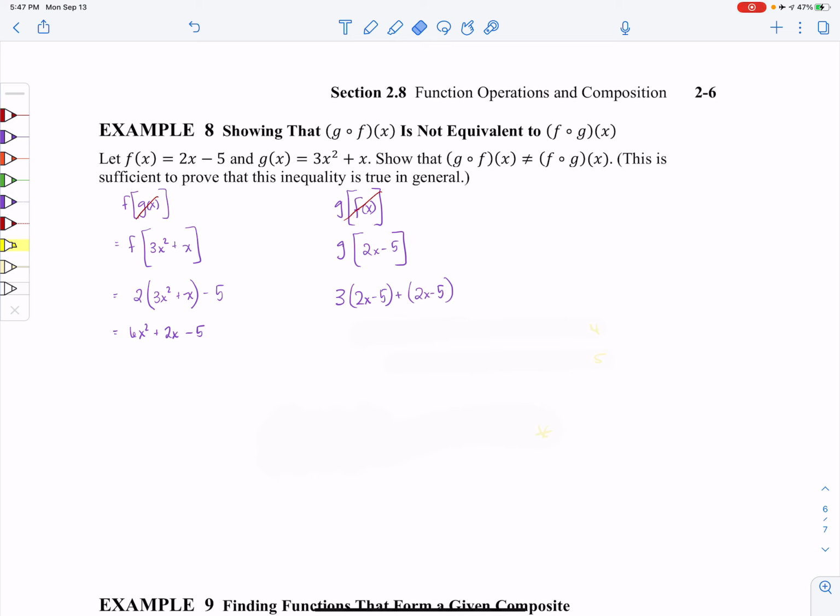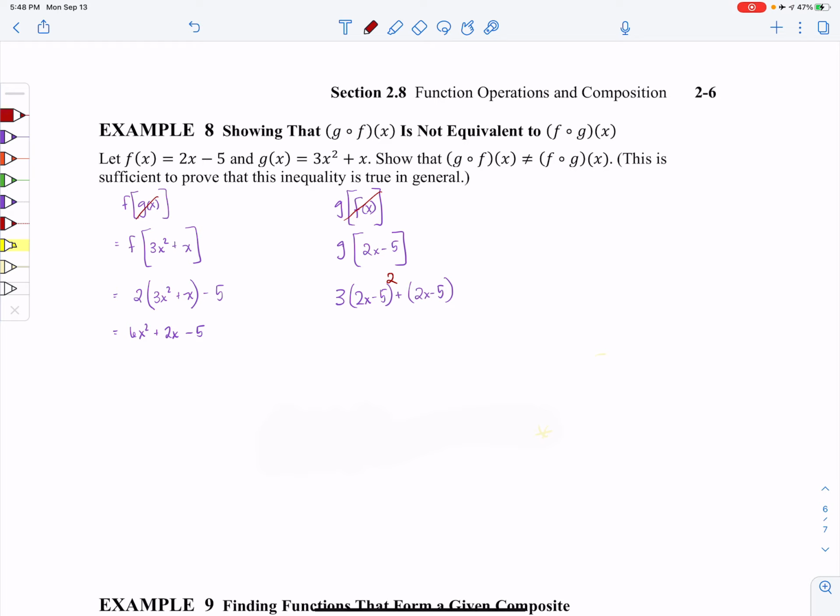So you notice I have, oh, I messed up. All right, so let's fix that as we go. Notice that I should have a 3x squared, and I did not write that, plus an x. So what I'm going to have to do is undo all of this because I did that incorrectly. All right, so we'll fix that.